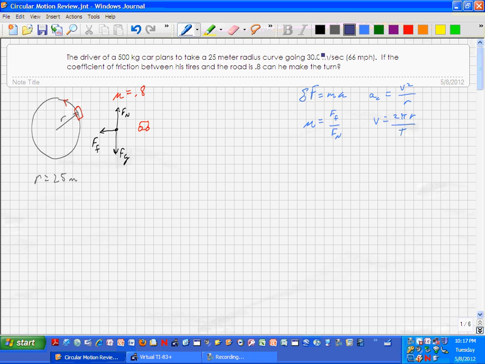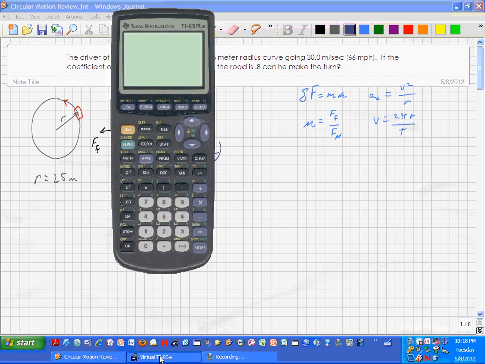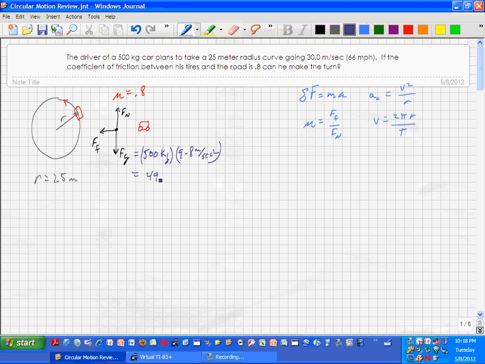Fg should be easy enough. That's going to be mass times gravity, which is going to be 500 kilograms times 9.8 meters per second squared. So we get a weight of 500 times 9.8, 4,900 newtons.